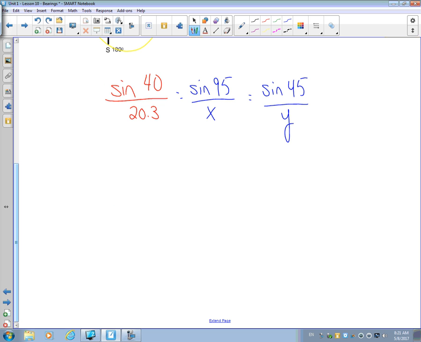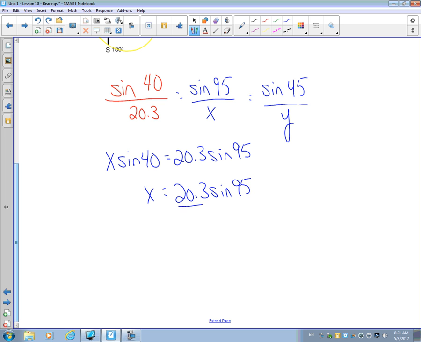Cross multiply. So X times sine 40 equals 20.3 times the sine 95. I want to divide out to get X by itself. And for X, you should get 31.5 kilometers.